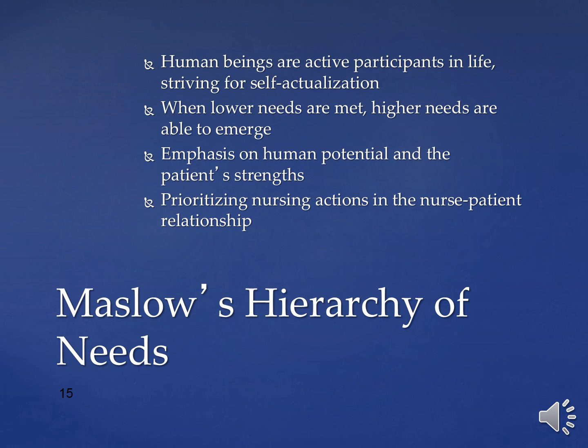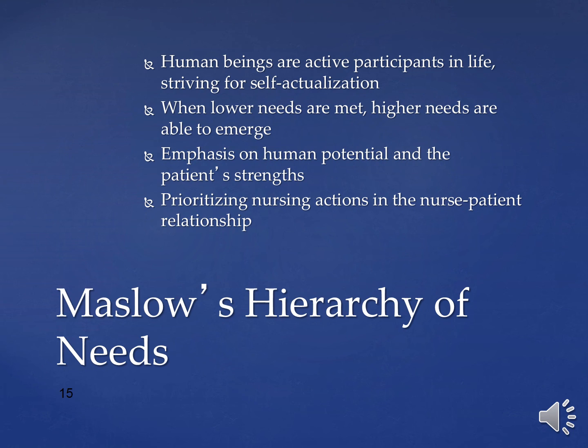I want to remind you about Maslow's hierarchy of needs. Remember that human beings are active participants in life, and all of us are striving for self-actualization, which just means we want to be the best people that we can be in every way. We want to lead happy, full, satisfying lives. But sometimes people go about obtaining those goals in self-destructive ways.